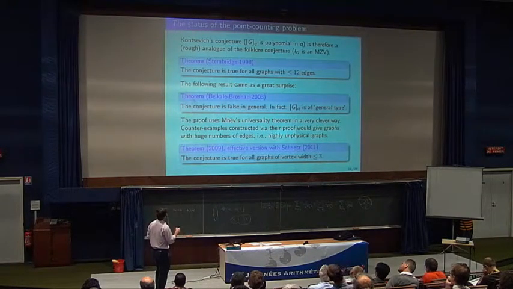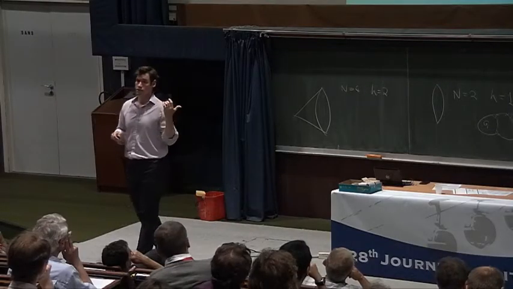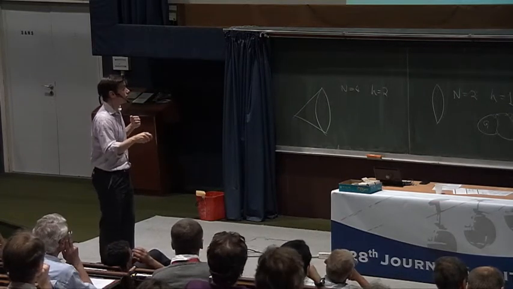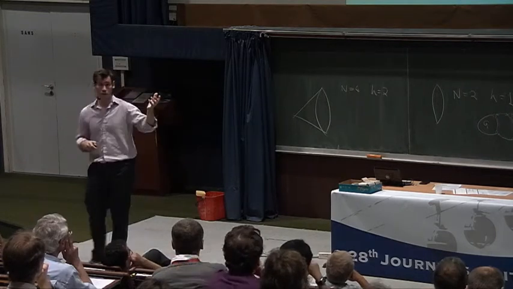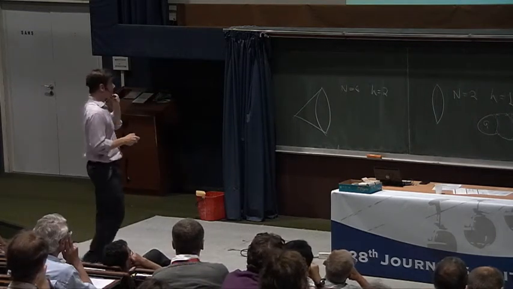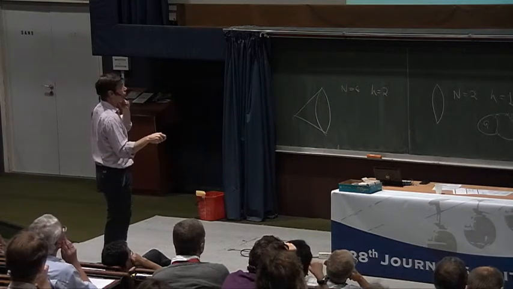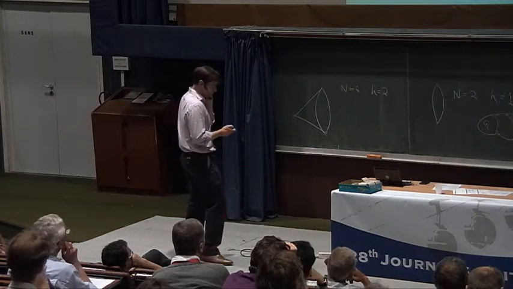So this theorem of Belkale-Brosnan, for several reasons, does not in any way contradict the folklore conjecture that the amplitudes are multiple zeta values. It could be that the point counting function fails to be polynomial for graphs which are very far from being the ones we're interested in. So again, in the positive direction, I proved that the conjecture is again true for all graphs in this nice family.